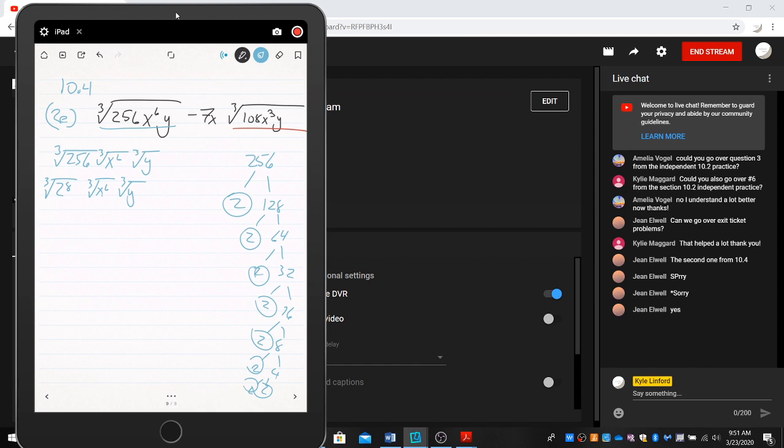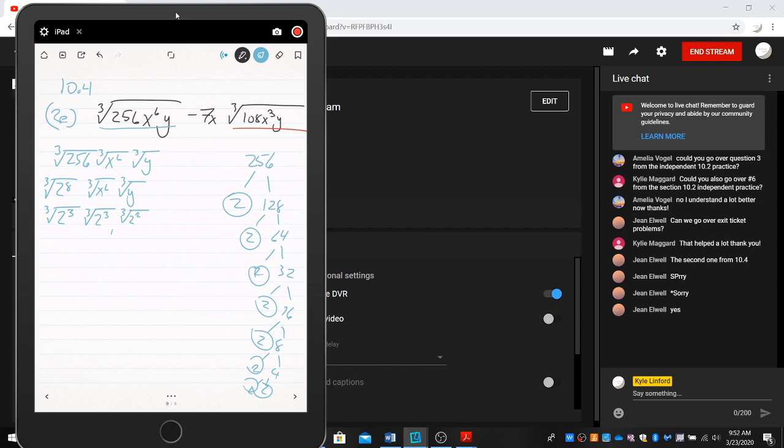So let's go ahead and break down 2 to the 8th. The index says we want to make groups of 3. I can make one group of 3, and then I can make another group of 3. That's 6. And then to get to 8, I have just 2 left over. And that's fine. It's not going to simplify down to a whole number, but that's okay.